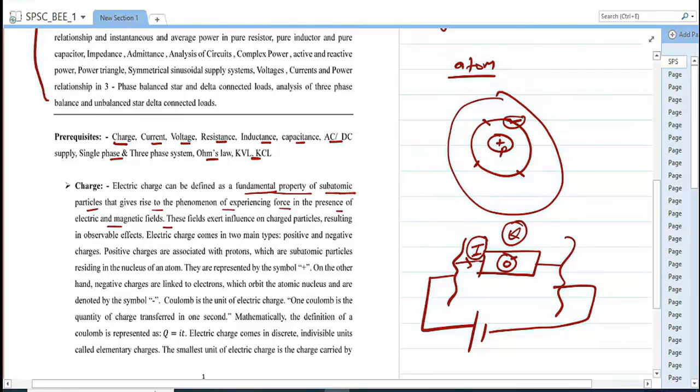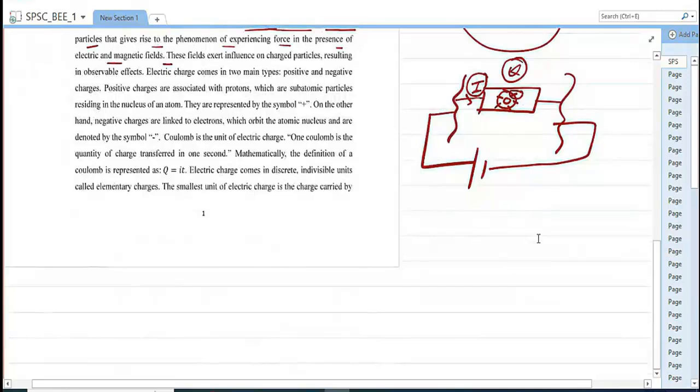Charges lie in the orbital region of the atomic structure, and these are free in nature. These are the negatively charged electrons, and they experience force.